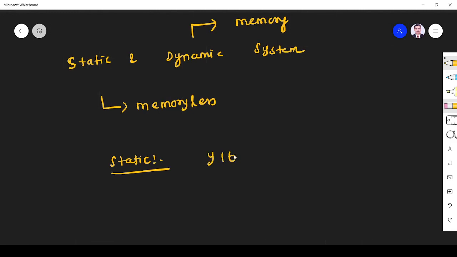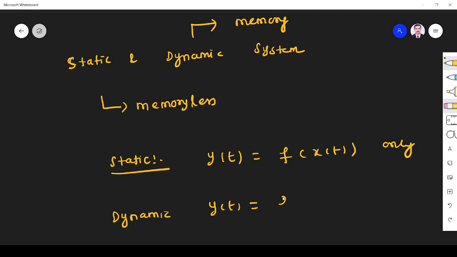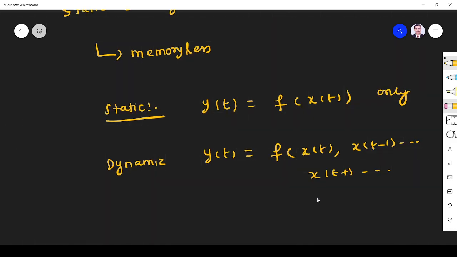A system is called a static system if the present output is a function of present input only. If, in addition to present input, it is a function of past input, x of t minus 1 up to infinity, future input, or past output, then it is called a dynamic system.